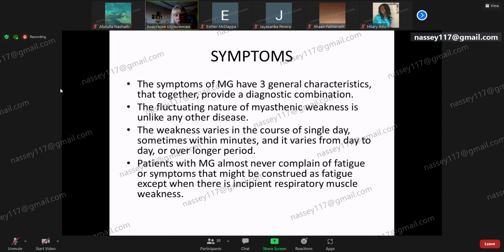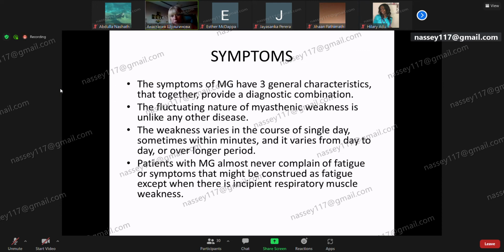The symptoms of myasthenia gravis have three general characteristics that together provide a diagnostic combination. First, the weakness varies in the course of single days, sometimes even within a minute. It varies from day to day or over a long period of time, appearing and disappearing without any treatment.